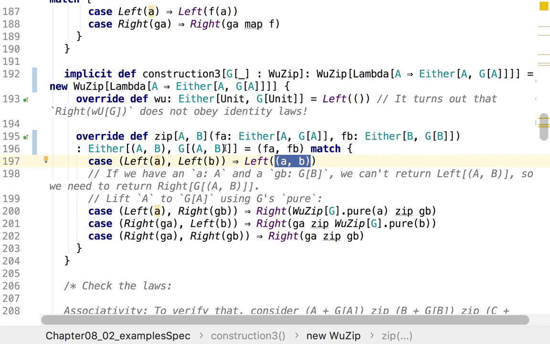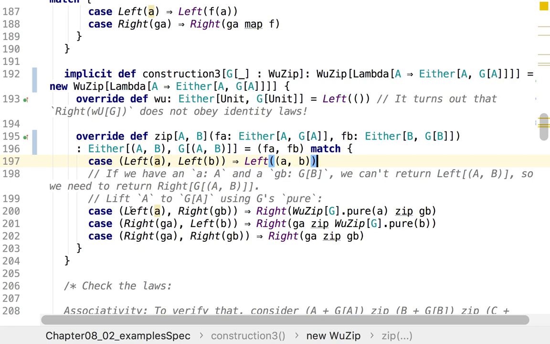So the question is, should we do that? Should we return this, or we return right of G pure of this? Turns out that we have to return this, otherwise the identity laws will not hold. We'll see why.